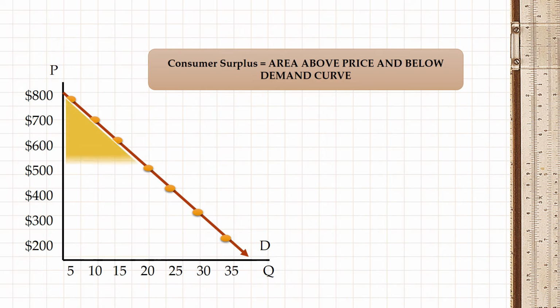So the market price of the mobile phone is 500 and your willingness to pay is 800. So it's the area in between the willingness to pay and the amount you actually paid. So this yellow triangle is your consumer surplus.